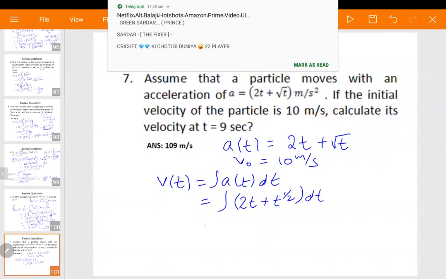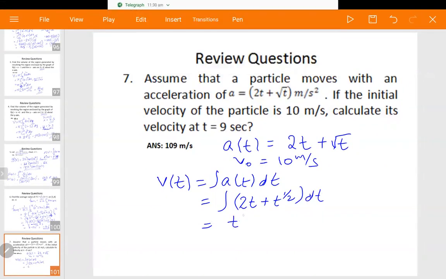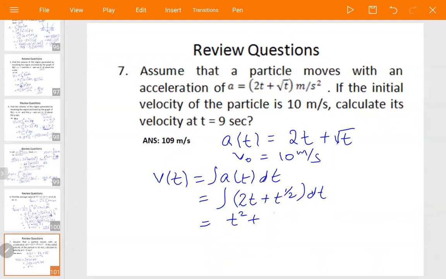Now, what is the integral of 2t? t squared. The integral of t to the power of 1 over 2 is t to the power of 3 over 2 times the reciprocal, 2 over 3, plus the velocity when time t equals 0, and that is given to be 10. So this is the formula for the instantaneous velocity of that moving particle at any particular time t.